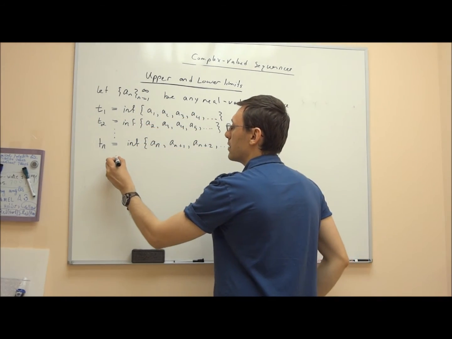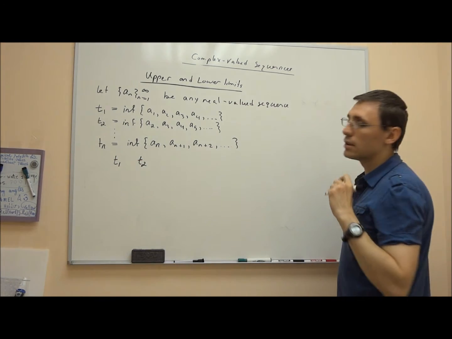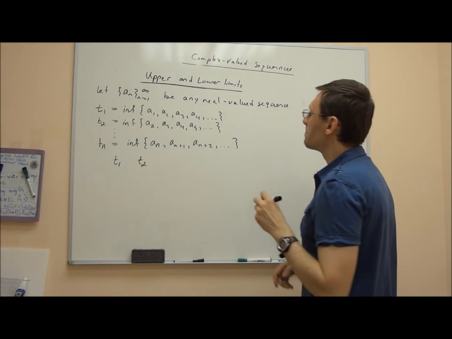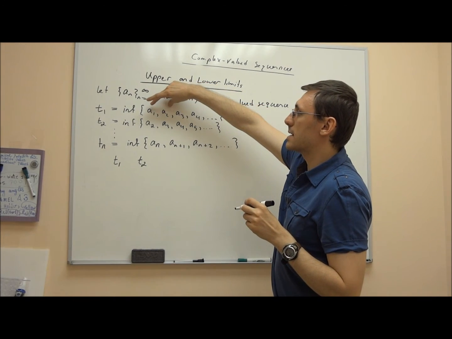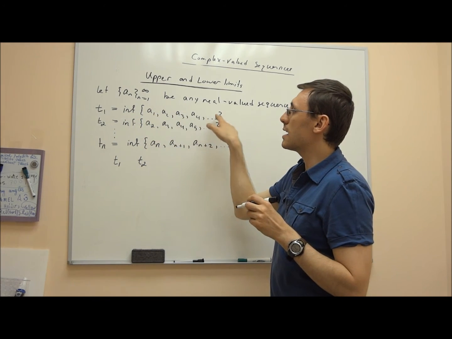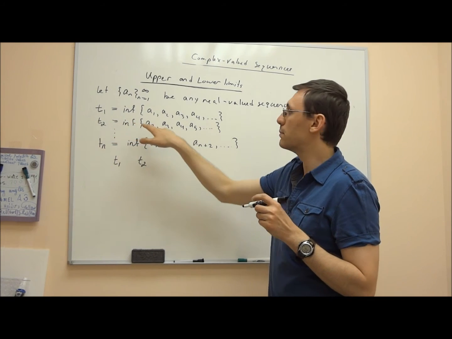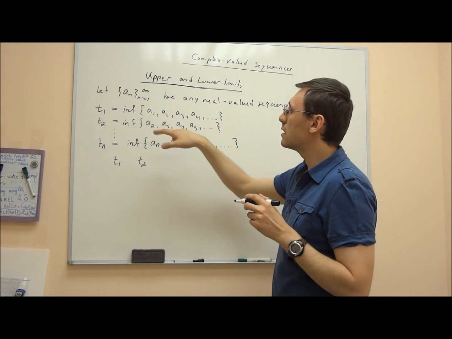So let's make a few observations about T1, T2, T3, etc. What can be said about the relationship between T1 and T2? What happens? So you can see that the set over which the infimum is taken for T1 is a larger set than the set for which T2 is taken as the infimum, because this is missing one element.